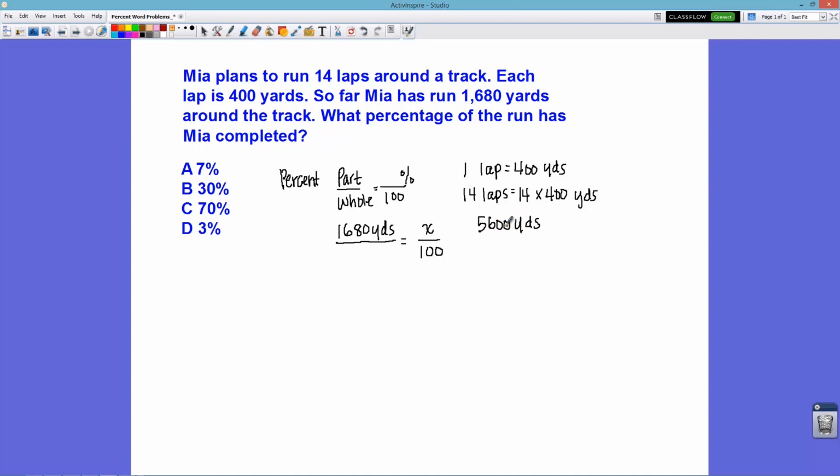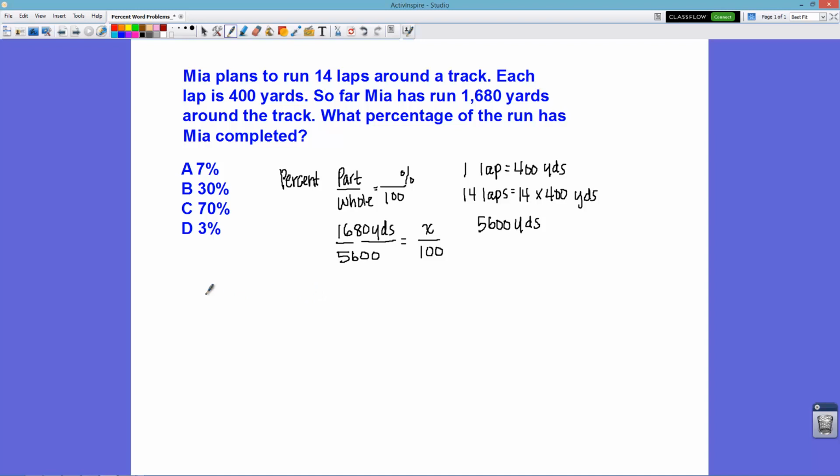So now I can complete the fraction over here, or the proportion. I should be able to write 5,600 yards here. So now I have two ways I can go about it.